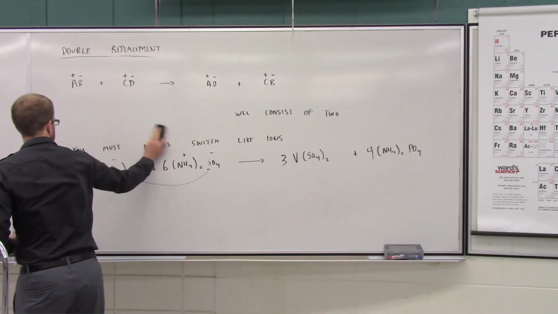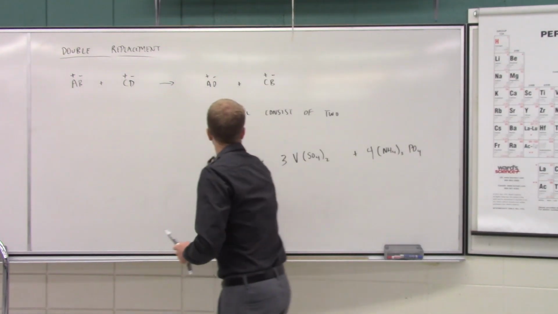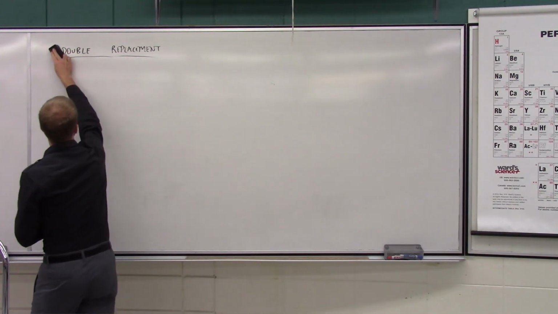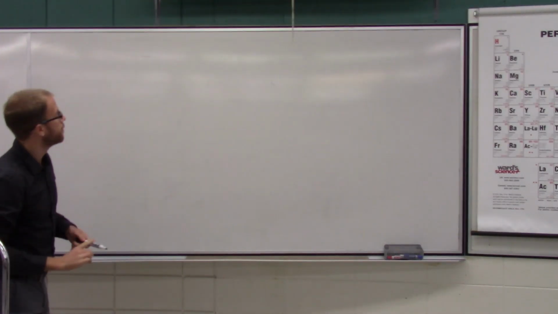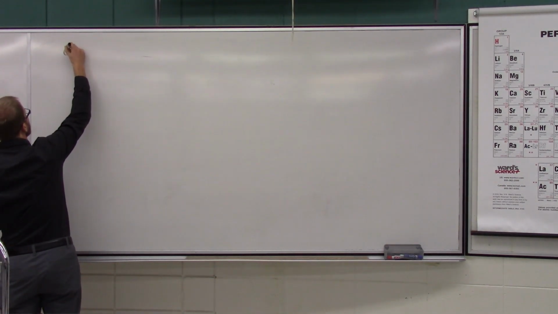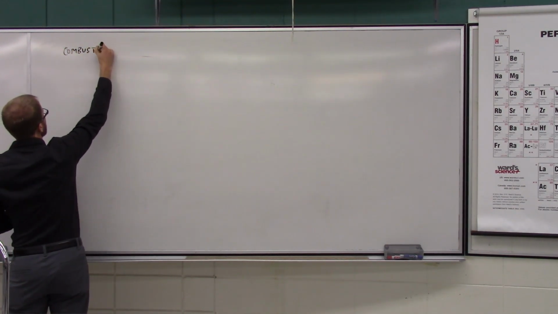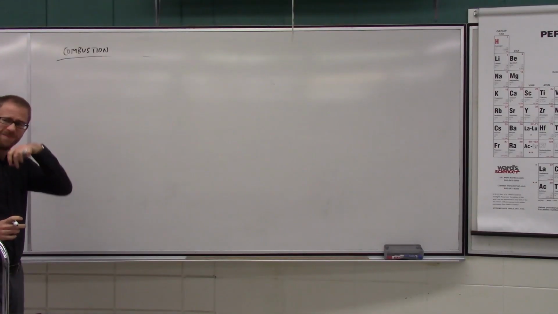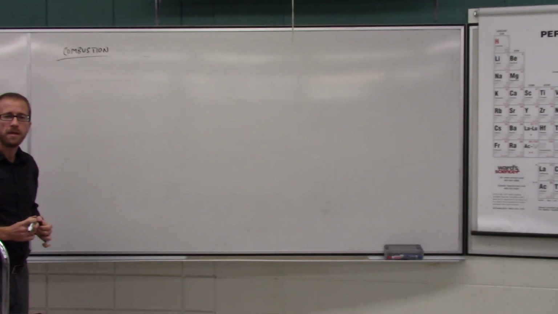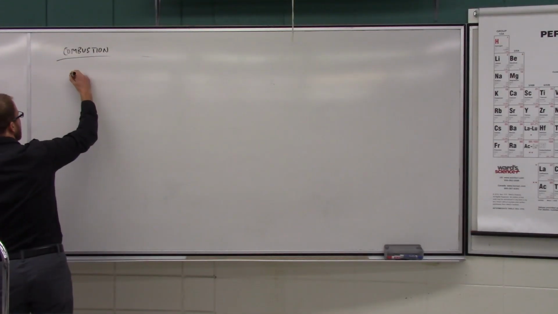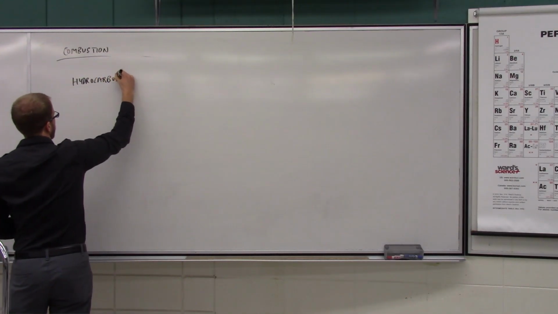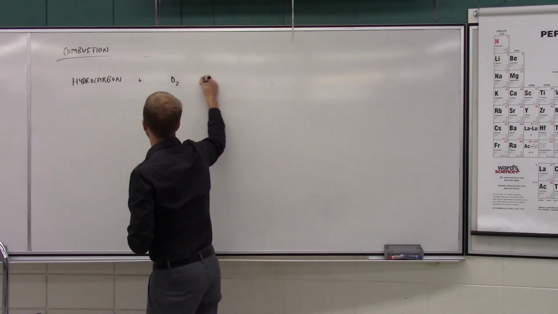All right, last type of reaction. Combustion reaction. Now the hydrocarbon combustion reaction, these are probably the easiest of all for predicting products. Because what will your reactants always be? What will your reactants always be for hydrocarbon combustion? They don't change. The general form is a hydrocarbon plus oxygen.